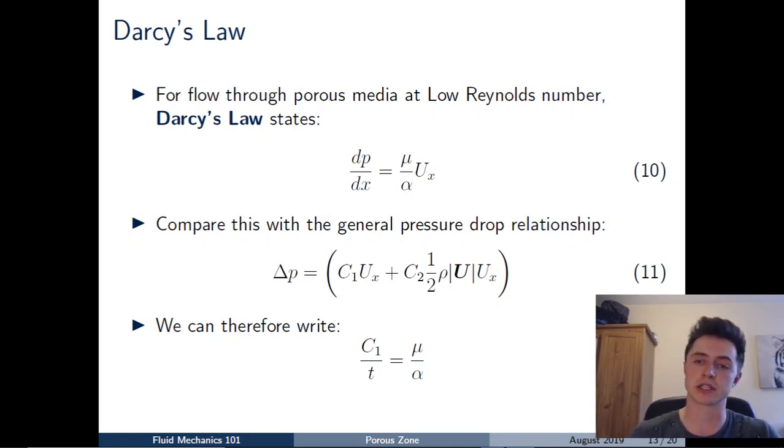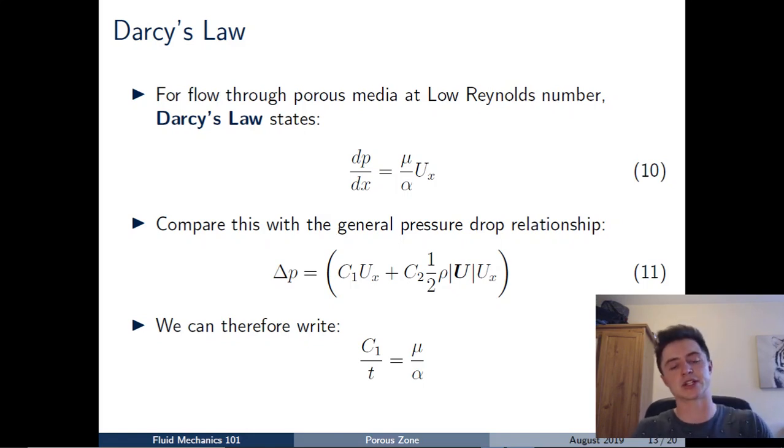If we compare Darcy's law directly with the pressure drop relationship we used earlier, that's equation 11, we can compare the terms and see that C1 over T, which is one of the coefficients we're going to be specifying, could alternatively be written as mu over alpha, where mu is the dynamic viscosity of the fluid and alpha is the face permeability, which I'm going to come back and look at later.